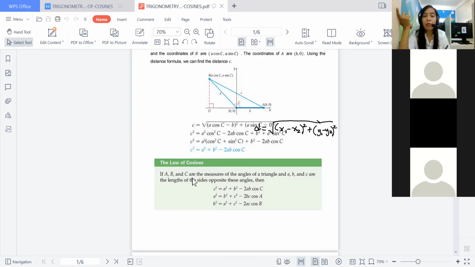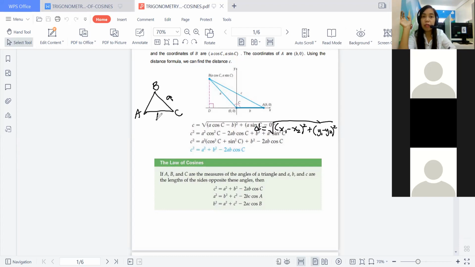So for the law of cosines, it says that if A, B, and C are the measures of the angles of a triangle, and a, b, and c are the lengths of the opposite sides, then when we name a triangle, make sure to always take the opposite. The opposite of angle A will be side a.